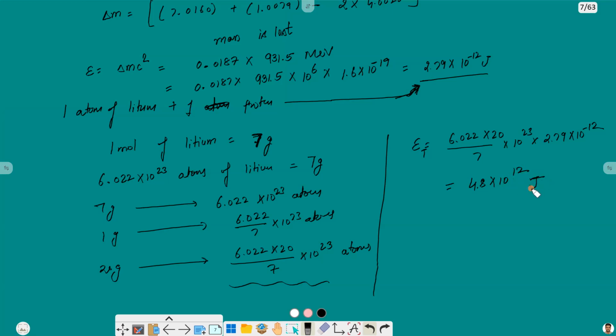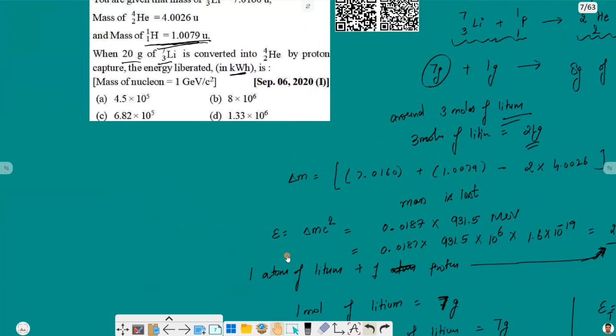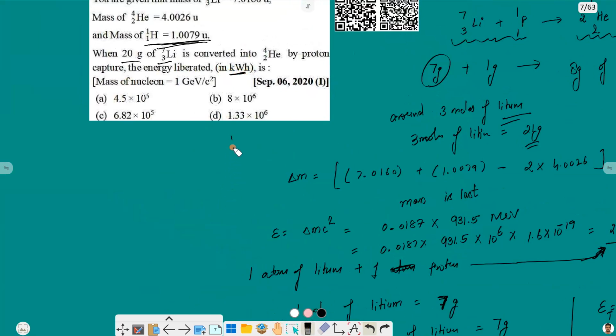Now we need to convert it into kilowatt hour because the answer is in kilowatt hour. We need to calculate energy in kilowatt hour. So let's discuss this kilowatt hour. Kilowatt hour is basically a unit of energy, not a unit of power, sorry. It is basically the number of joules consumed in an hour.